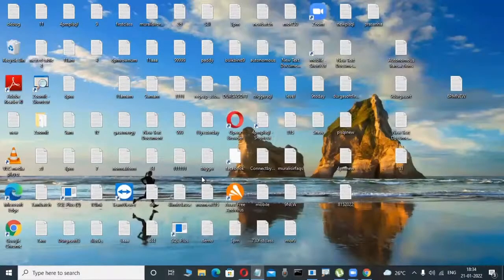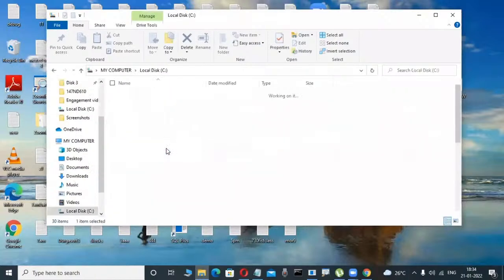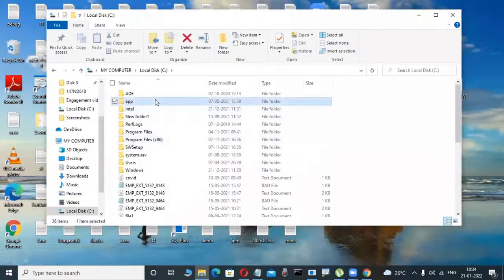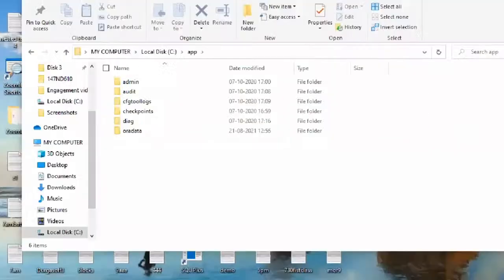Now I'm interested to view whether this table is created or not in my operating system. Suppose a Windows operating system is there, where I already installed Oracle. In that location, for example in C colon, where Oracle is there, those are all directories, these are folders.